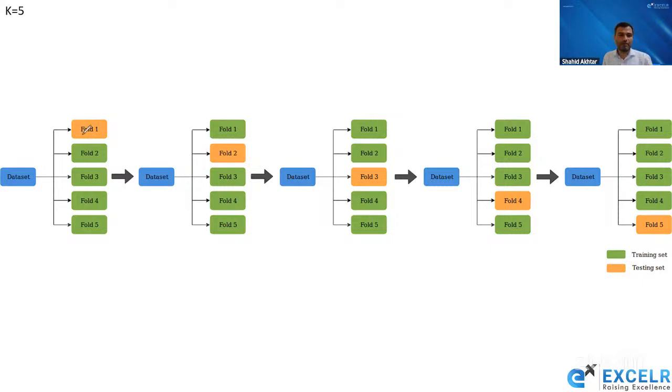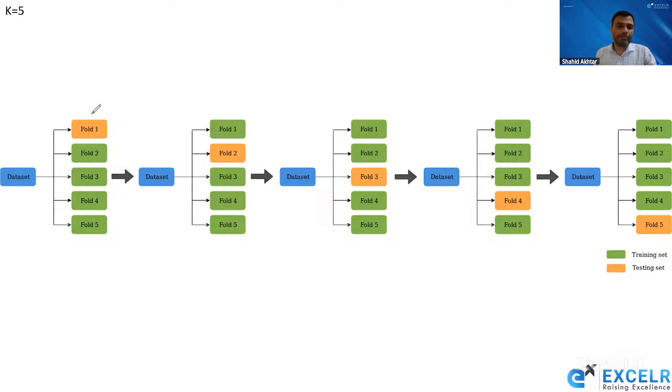If we have 100 data points in our data set, it will be 20, 20, 20 in all folds. If some mismatch is there, the last fold will have maybe less than 20. Let's say if 98 data points are there, the last one will have only 18 data points.